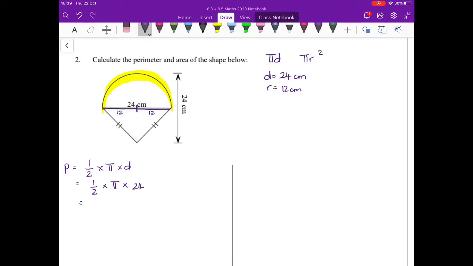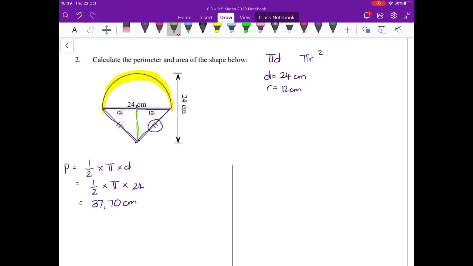So the circumference of the semicircle is going to be 37.70 centimeters. Now I need to find the length of that side and that side of the triangle, and you can see they are equal because I have an isosceles triangle.